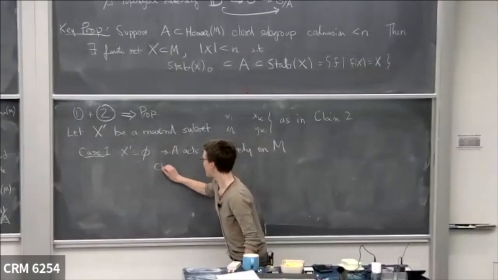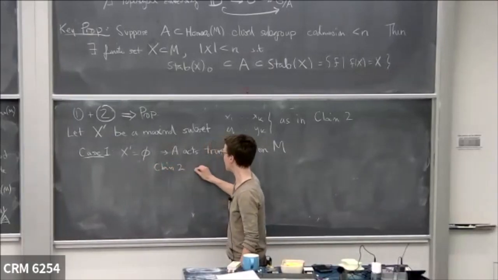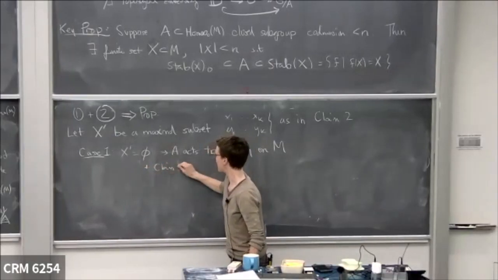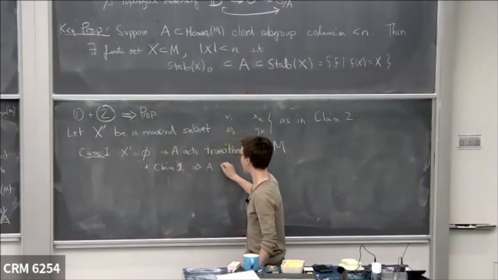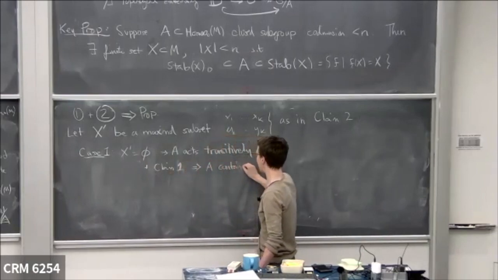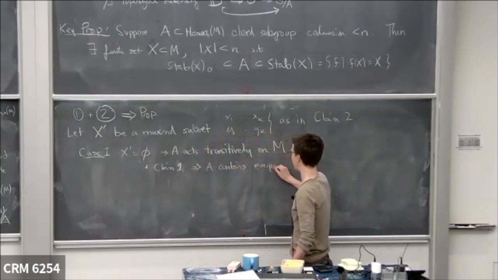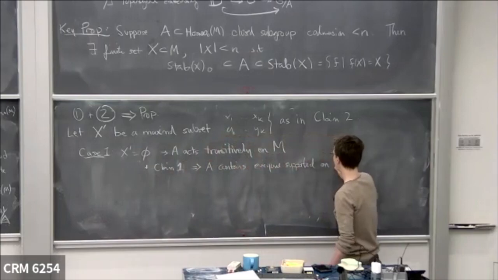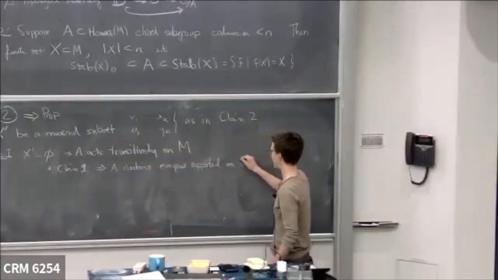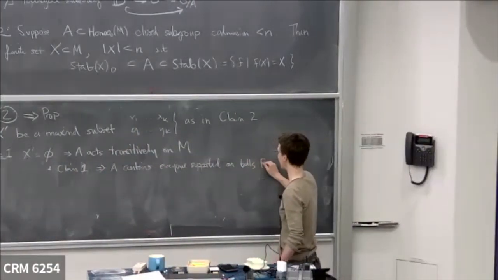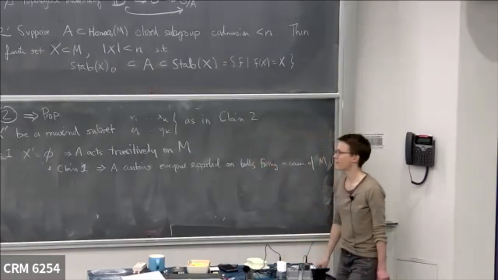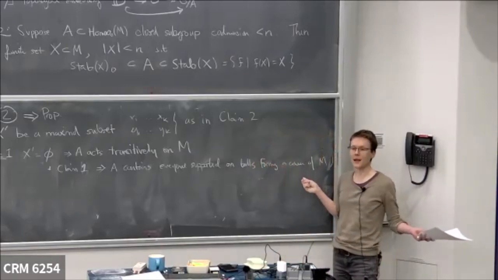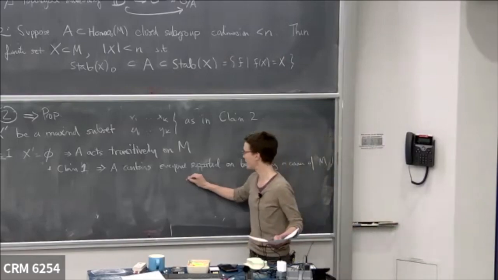So now by claim 1 plus this, A contains everyone supported on, I don't know, a union of various balls forming a cover. And our old friend fragmentation says that actually A was the entire group of homeomorphisms.